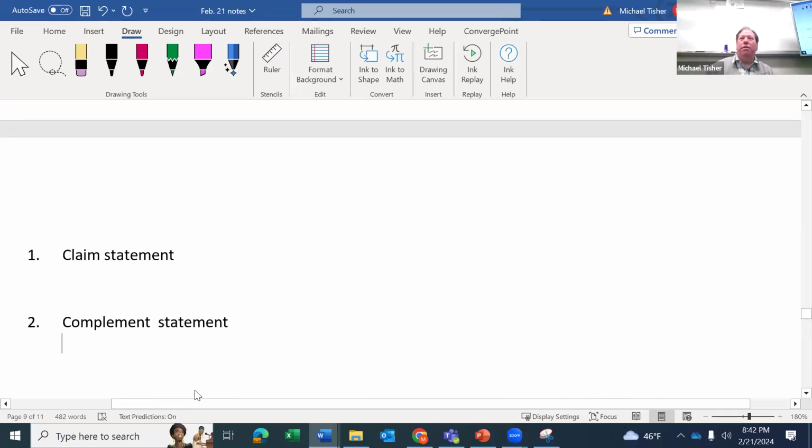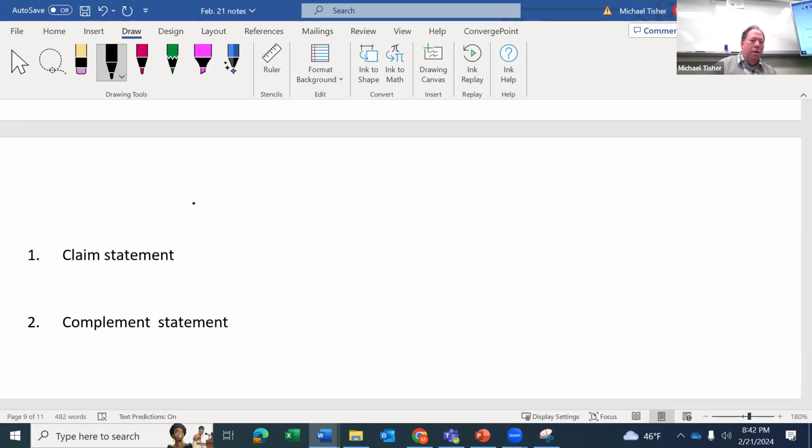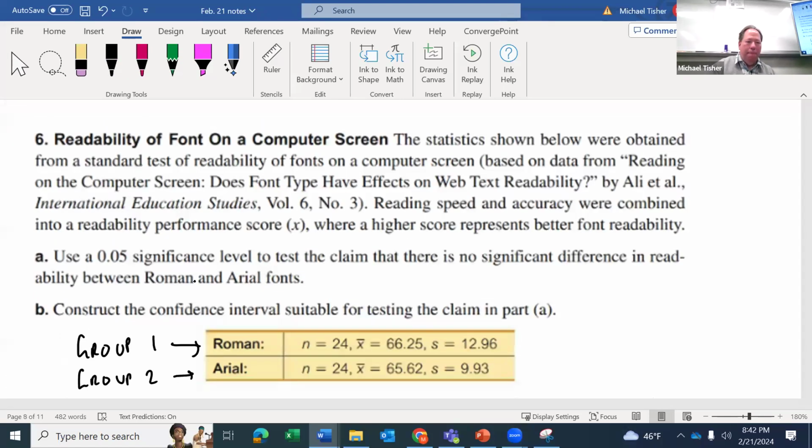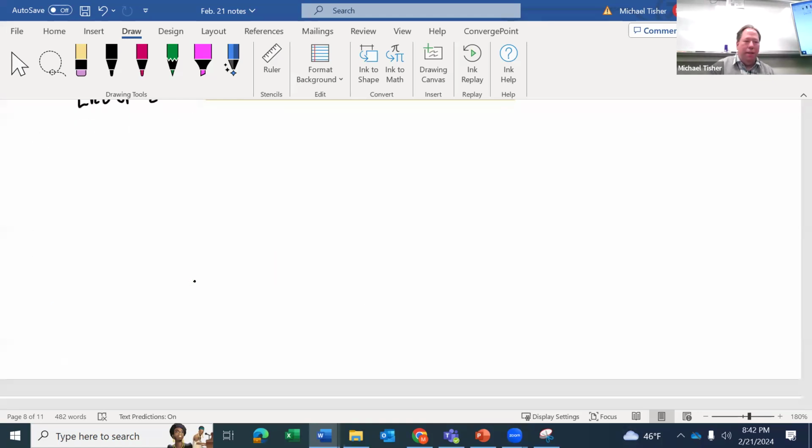We're claiming that there's no difference, and since we have two samples, we're doing the mean. It doesn't really say, but it will on my set.